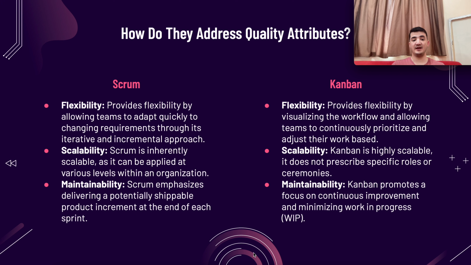Scalability: Scrum is inherently scalable, and it can be applied to various levels within an organization. And finally, maintainability: Scrum emphasizes delivering a potentially shippable product increment at the end of each sprint. So with Scrum, the goal is that at the end of each sprint, you have something that can already be shipped and deployed, or something that's already ready to be given.